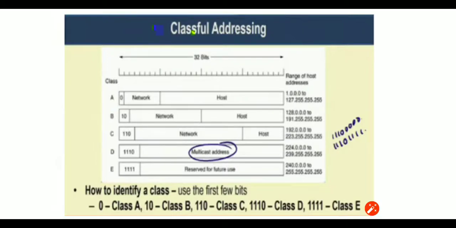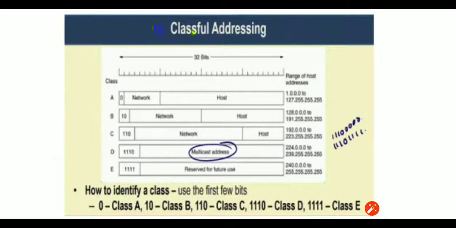Now the first question that comes up, whenever you are dividing this entire address space into 5 different classes, class A, class B, class C, class D and class E, is how will you uniquely identify these individual classes?